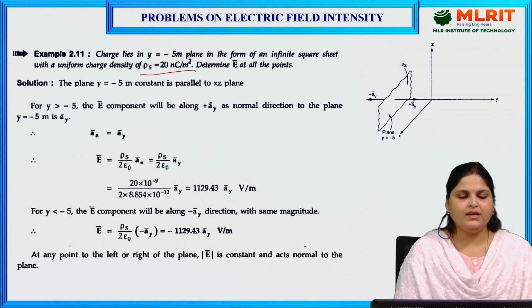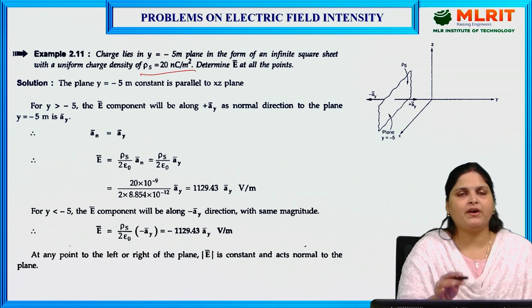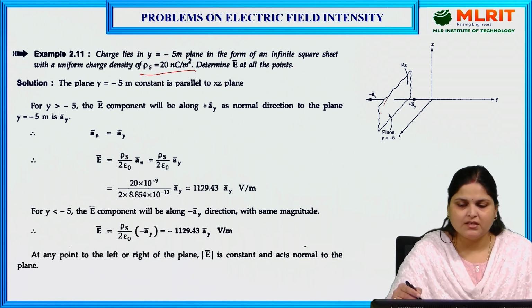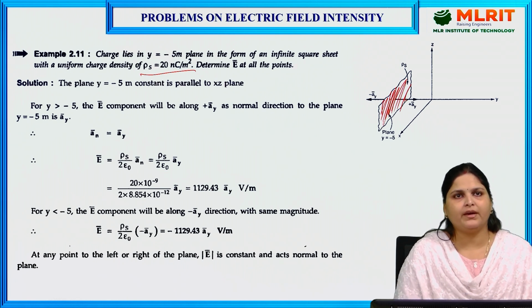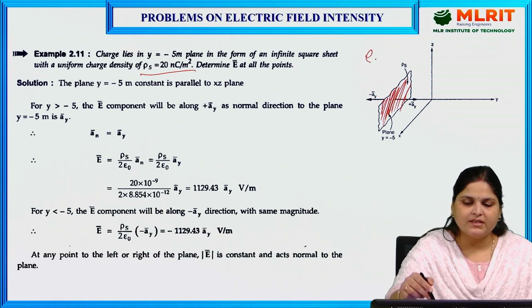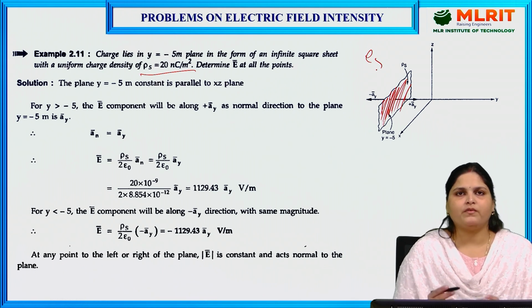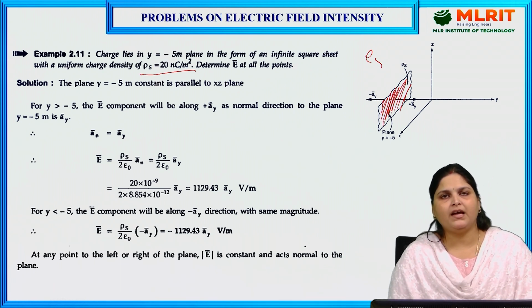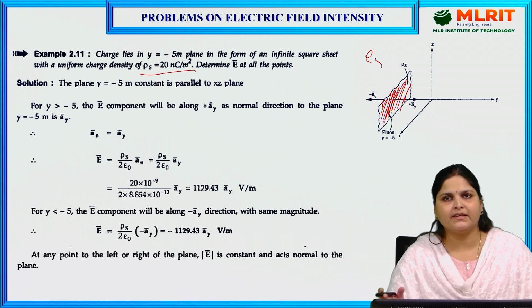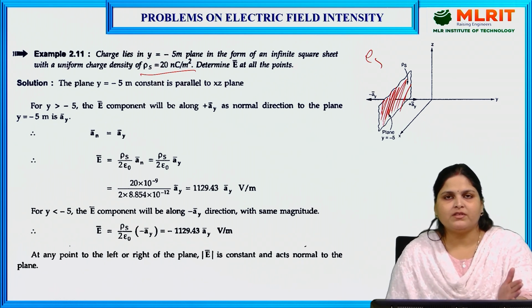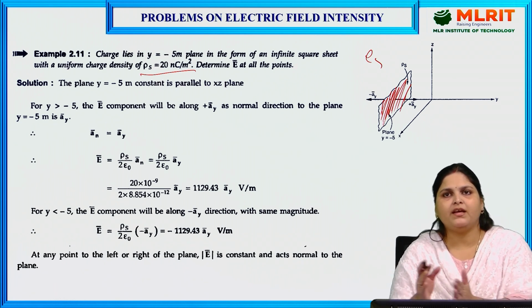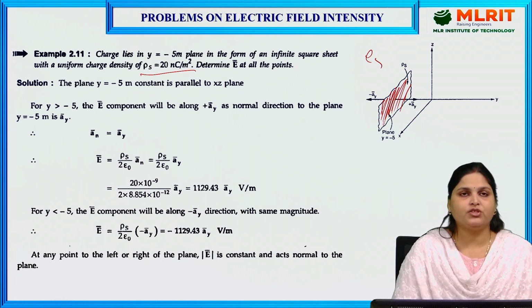So now see, they have given one infinite sheet of charge which is available at y equals minus 5. Its charge density rho s is also given. So we have to find the field at all points on the y-axis, means the left side of this sheet as well as the right side of this sheet.